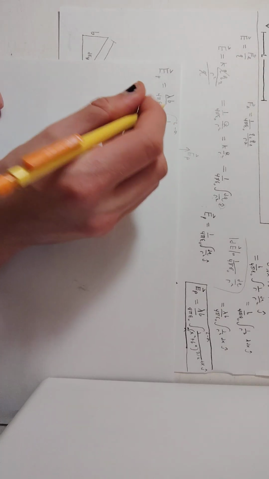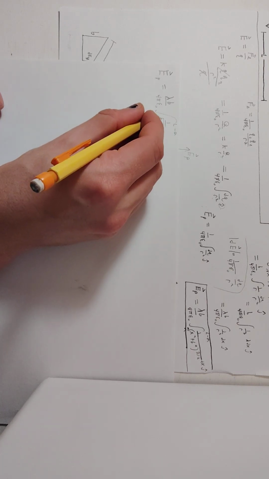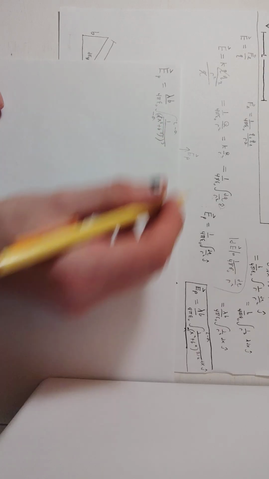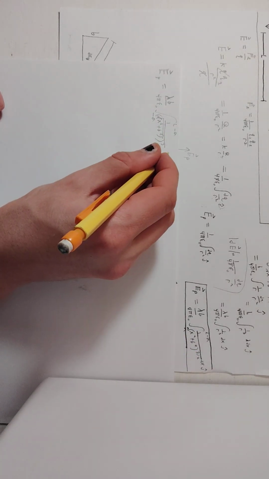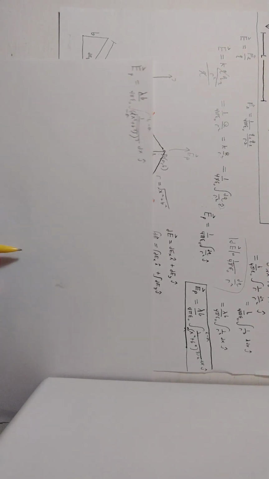I'm going to rewrite this with a radical, because I think it will make a little more sense. Just cube the whole radical. It's the same notation as right here, and then dx j hat, because we know the electric field is supposed to be in the positive direction.